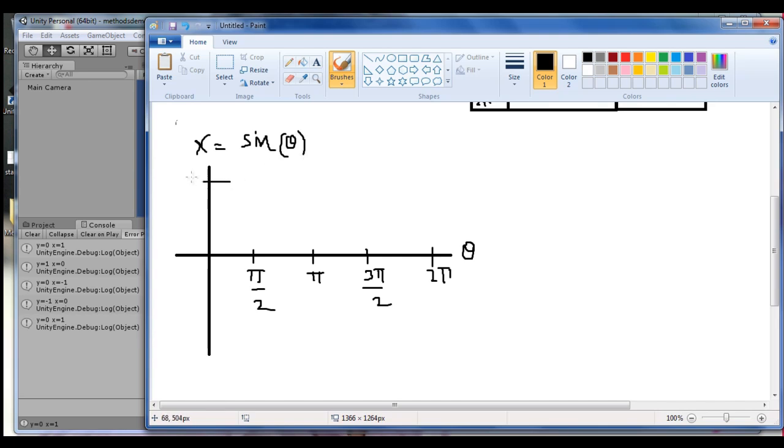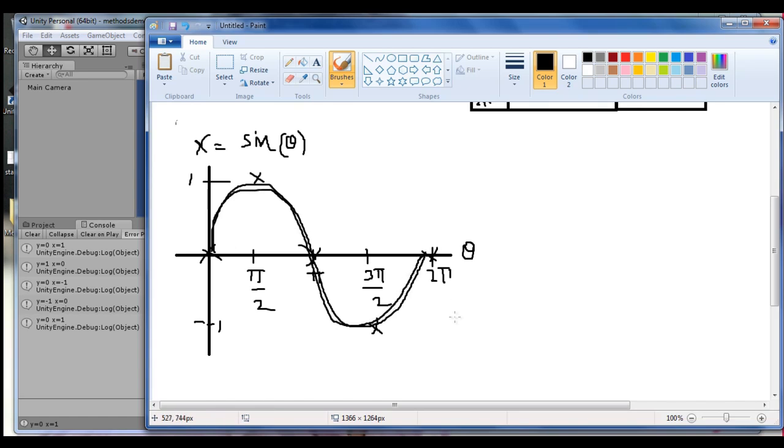And this is 1 and this one is, let us take, negative 1. And sine 0 is 0, we know that, and sine pi by 2 is 1 and sine pi is 0, sine 3 pi by 2 is negative 1, sine 2 pi is 0. And if you draw the graph, you are going to find something like this, right? You can move the object like this also, okay?